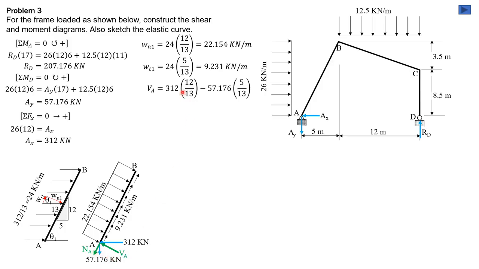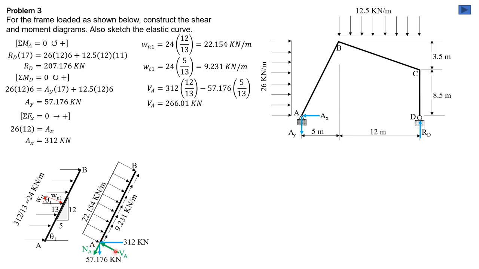So 312 times sine of theta 1 minus 57.176 times cosine of theta 1. So 312 times 12 over 13 minus 57.176, because this blue component along this axis is going down to the right. So that's why it is minus 57.176 times cosine of theta 1, 5 over 13. So V sub A is 266.01 kilonewtons.